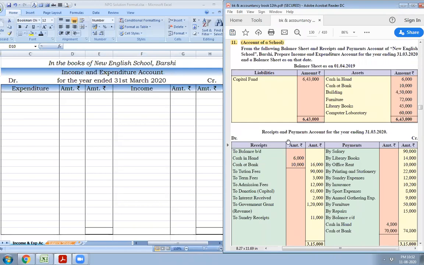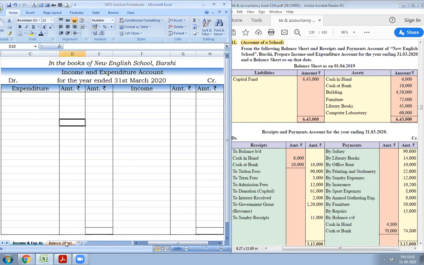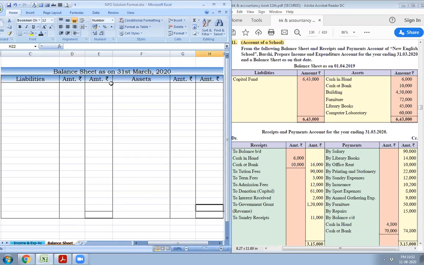After reading the question carefully and all the adjustments, it's time now to record all old balance sheet items to the new balance sheet, and receipt and payment items to the income and expenditure account as well as to the new balance sheet. First item is capital fund, balance sheet liability side.